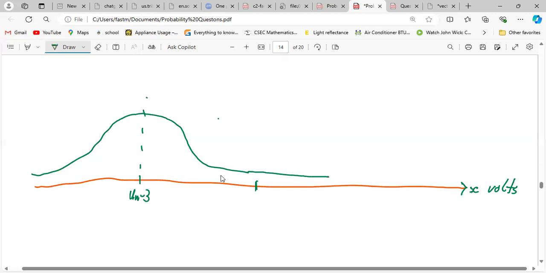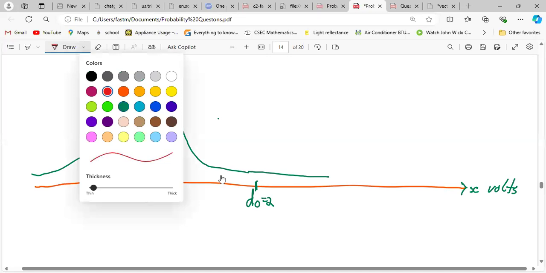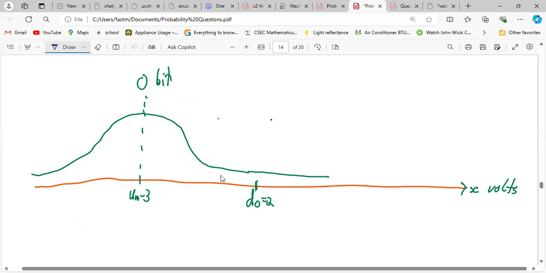Then you have 2, or you can call it D0 if you want to be technical. D0 is 2. So this is for a 0 bit, and any voltage around here will be interpreted as a 0. But now you have the 1, which is centered at mu n plus 5, and that will look something like this.